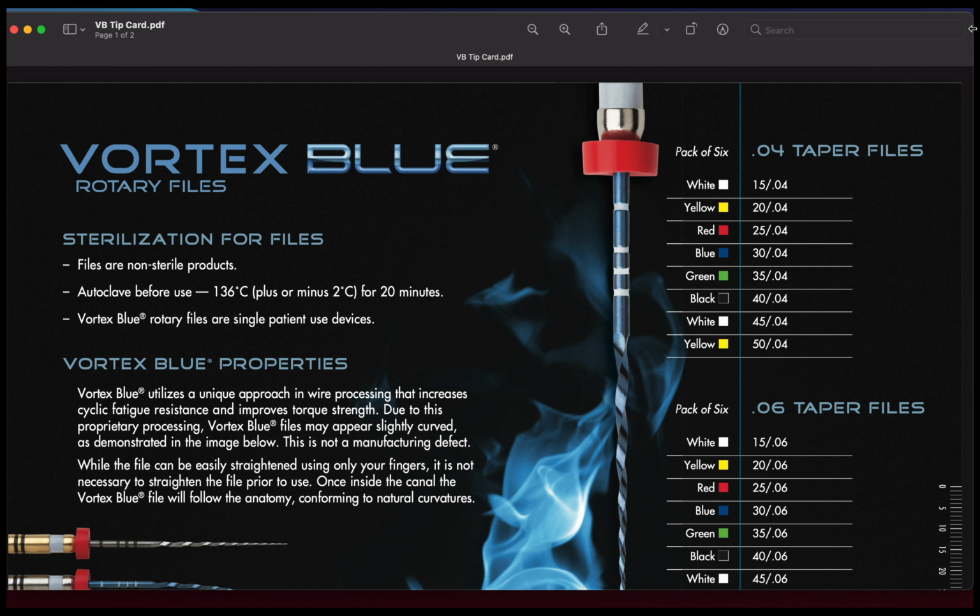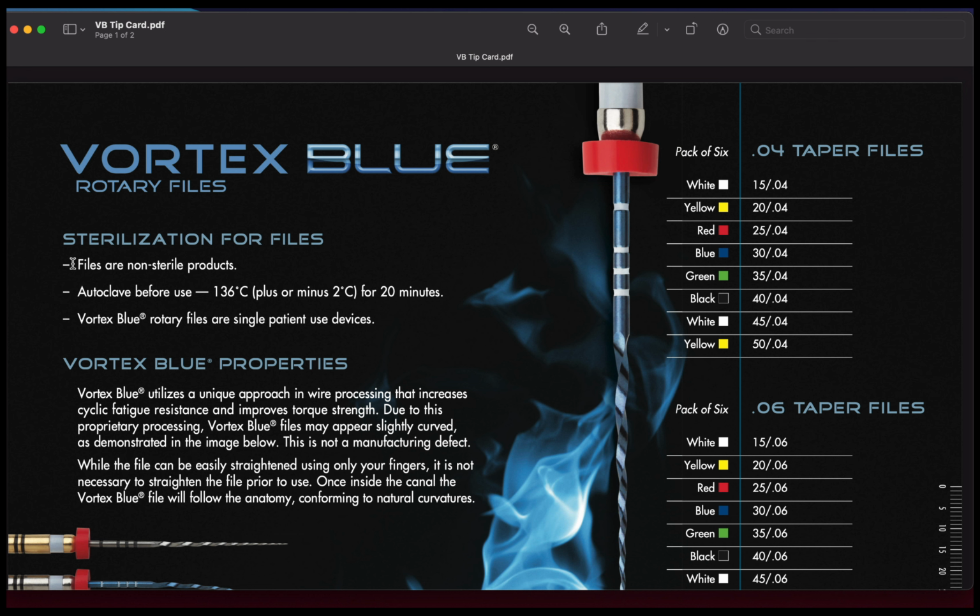So white designates a 15 size, yellow a 20, red a 25, blue a 30, green a 35. You may or may not already know this, but it's a great universal system, and it makes it much easier to reach for things when you can very easily see the color, obviously.